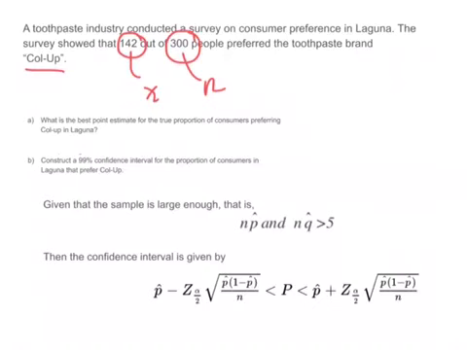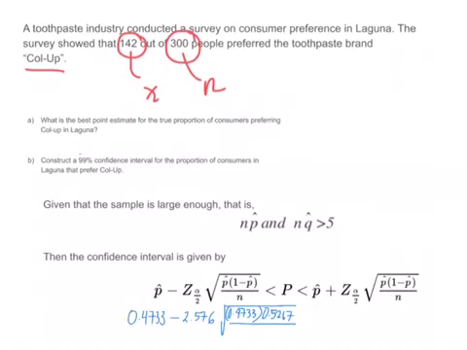Let's start with the P hat. The P hat is equal to X over N, which was computed as 0.4733, minus the Z of alpha over 2, which is 2.576, times the square root of P hat, which is also 0.4733, times Q hat, or 1 minus P hat, which is 1 minus 0.4733, equal to 0.5267, divided by the sample size.